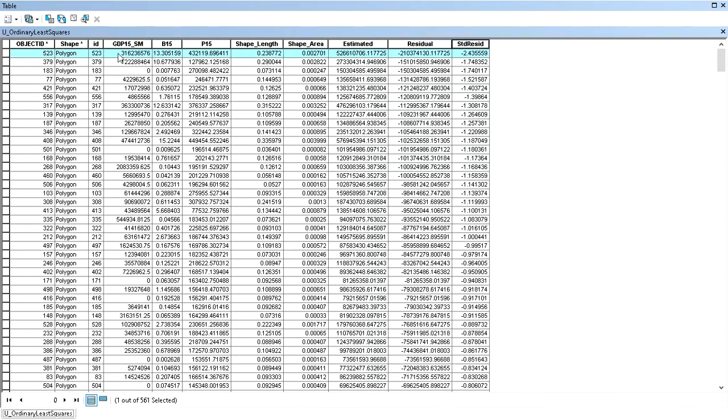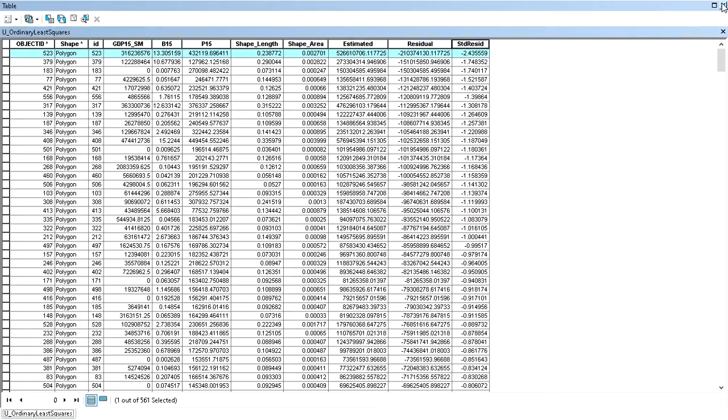It means that the observation is here. This is the observation, but the estimated is more. So observed minus estimated is the residual. So in relation with built up and population, in this center, the GDP is less.